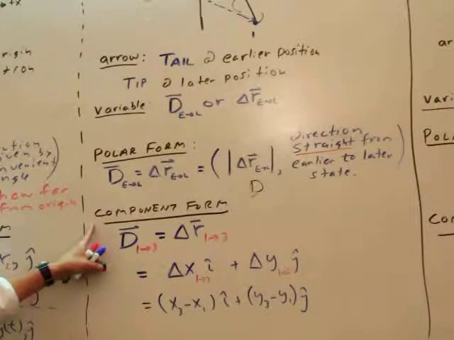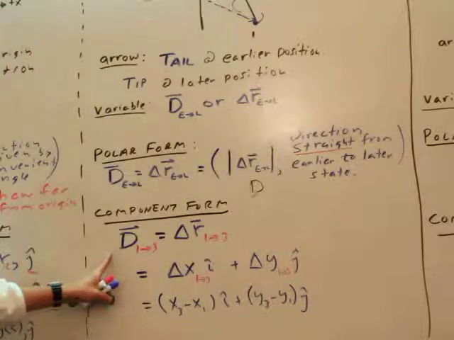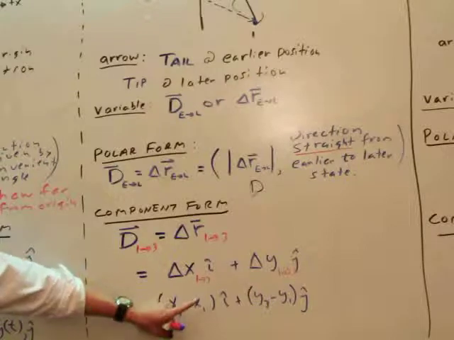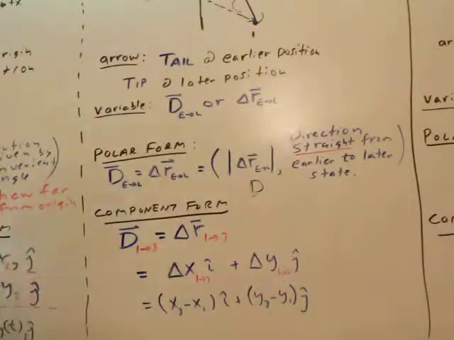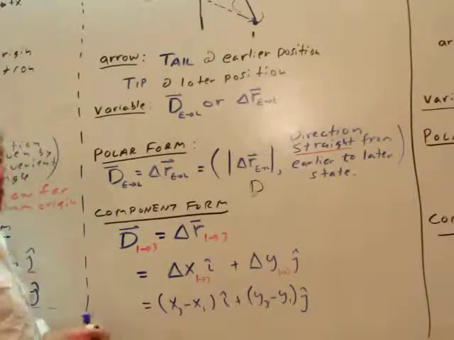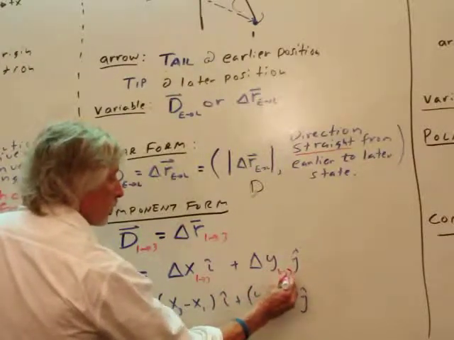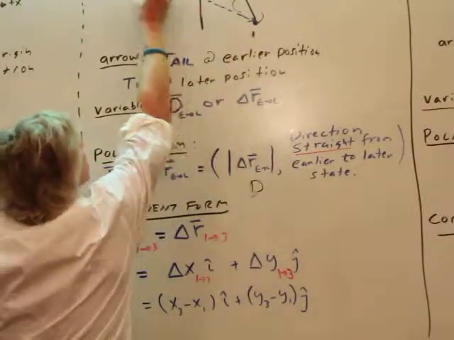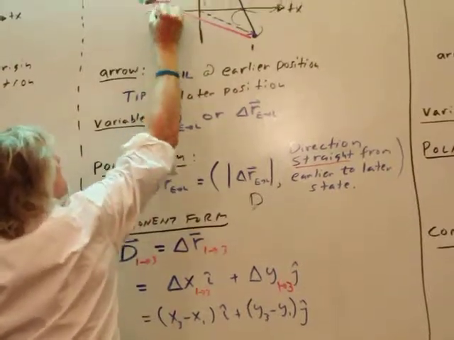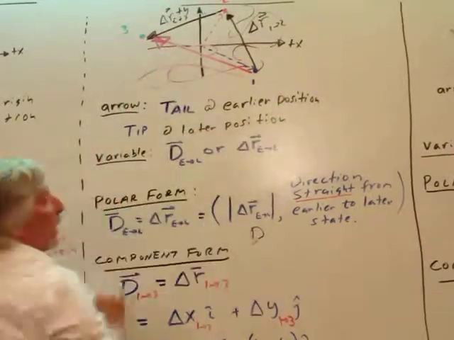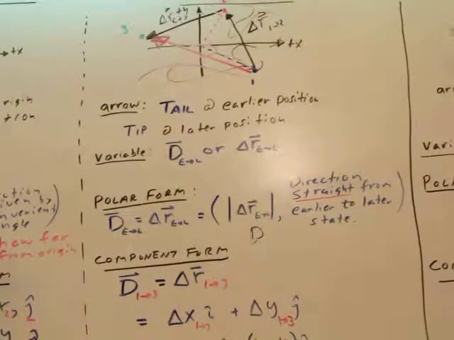In component form, well, when you change position, you change some in the x, and you change some in the y. Here I did it from 1 to 3. So if I'm changing position from position 1 to 3, no matter what the path is, you go straight from 1 to 3. That's my displacement, independent of the path. That is my displacement from 1 to 3. Okay?